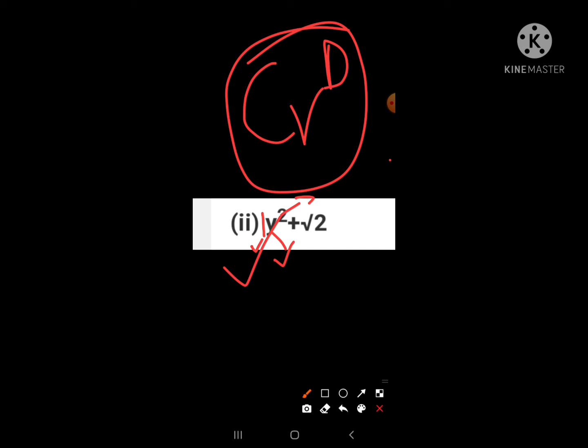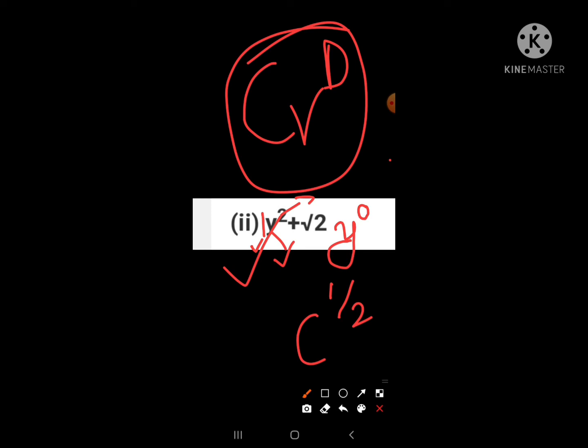Now root 2, oh my god, here there's no variable. First, don't say the degree is half straight away. Assume it as y to the power 0, so the degree here will be 0.